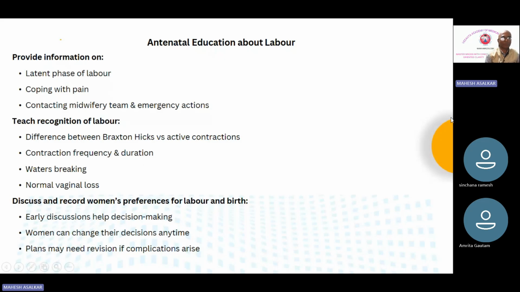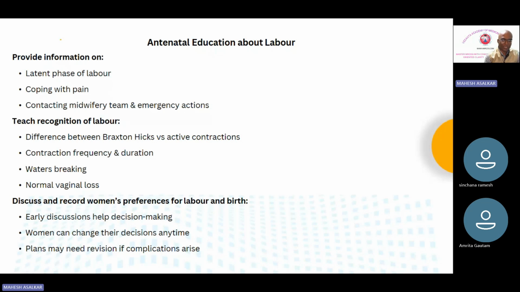Discuss and record women's preferences for labor and birth. Early discussions help in decision making. Women can change their decision anytime, and plans may need revision if complications arise. That is why, right from the late antenatal visit, these discussions happen periodically.